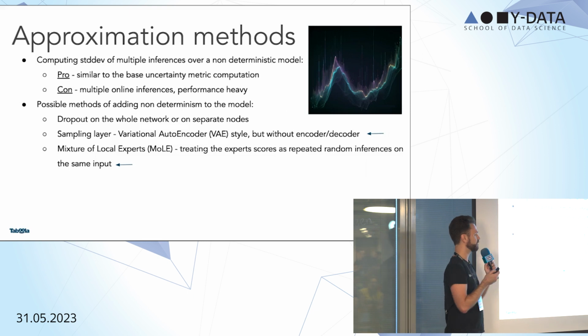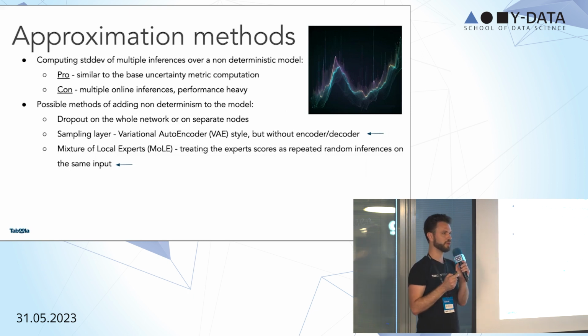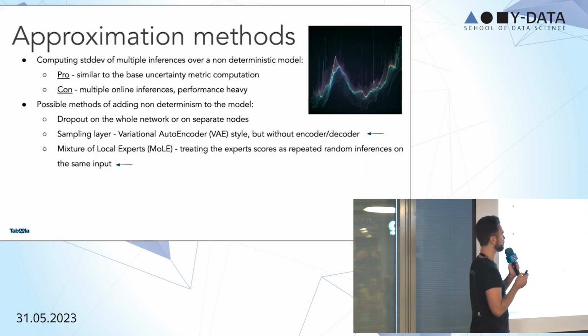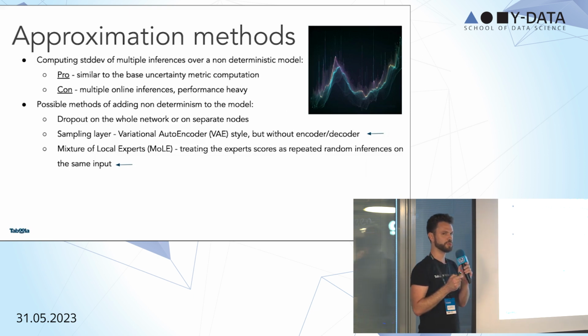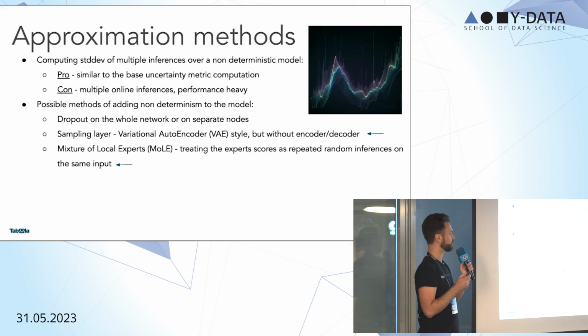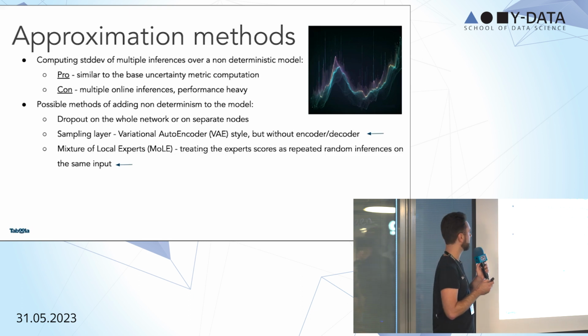The con for this method is that I still need multiple online inferences. Each inference will go over the non-deterministic component and produce a different kind of result. So it's still performance heavy online, but at least we save time on the training part, and I will also talk about how we can shave off a little bit more time in online inference.